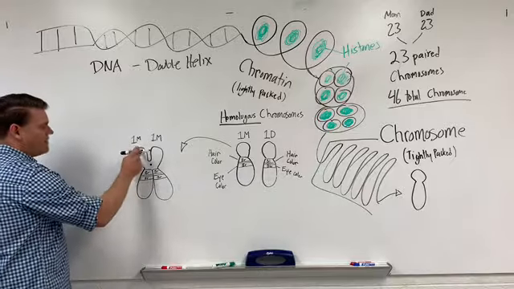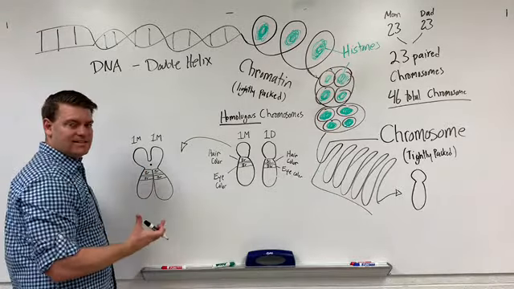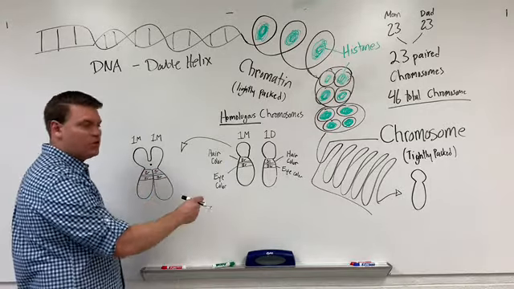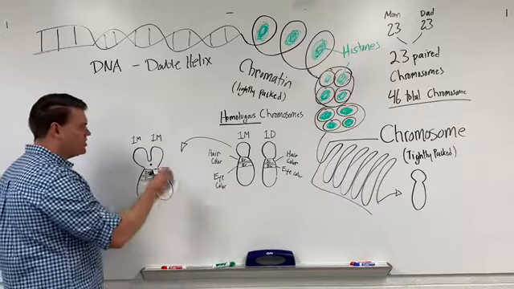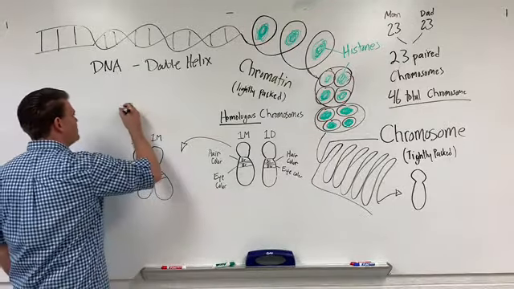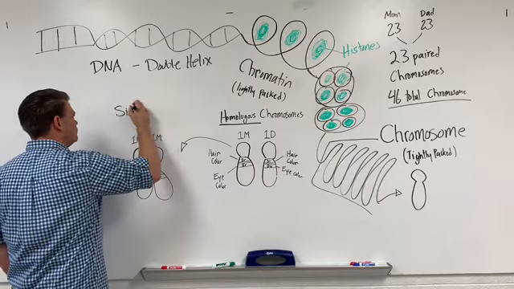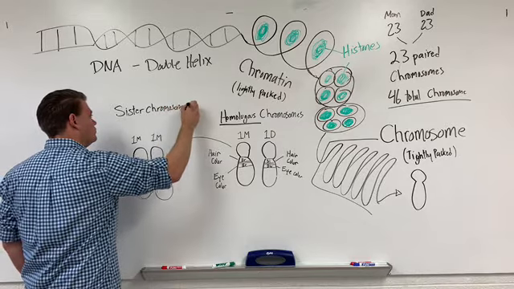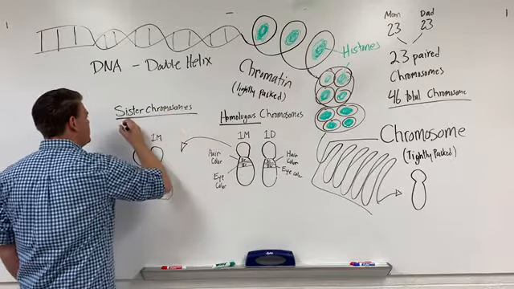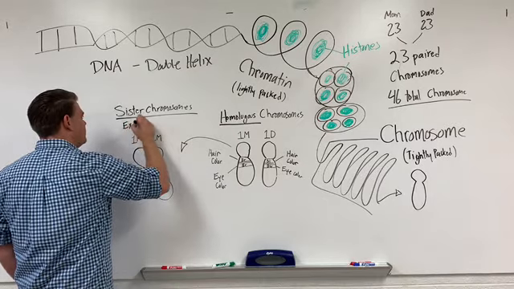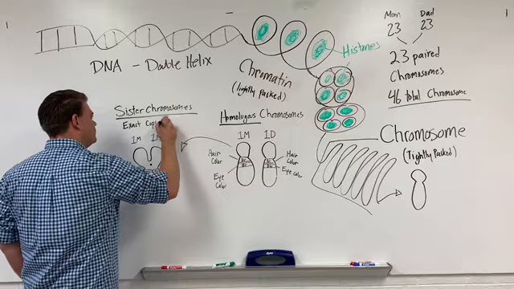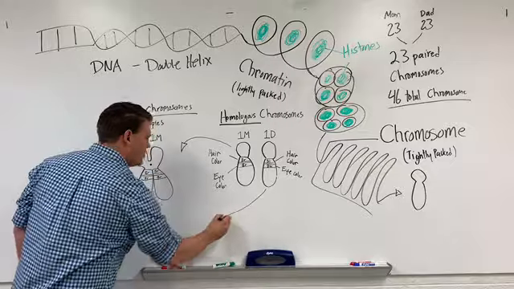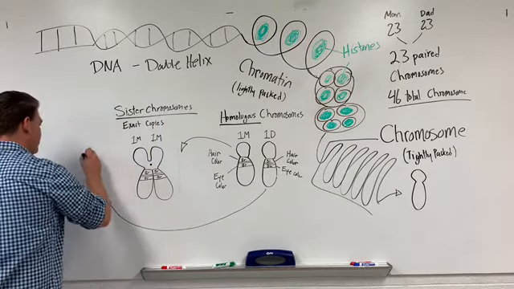So when we have two chromosomes that are exactly the same, which means not only are their genes the same, but the specific gene sequence and what those genes code for, like their trait, their hair color, are the same, we call these sister chromosomes. So these are exact copies. So we could do the same thing with chromosome 1 from dad. We can make an exact copy of it.